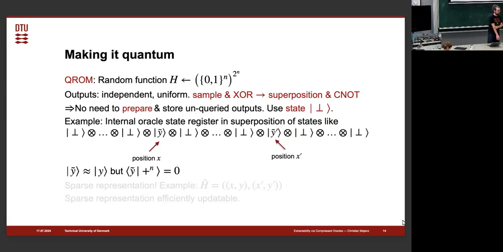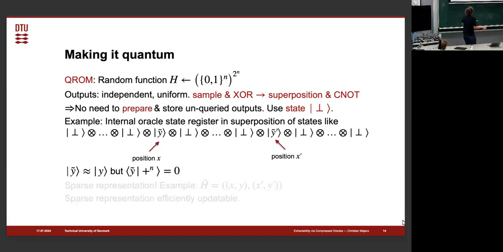So how should I intuitively interpret this internal state? Because it doesn't just say I recomputed H of X and I'm storing the result, right? In some sense, that's exactly what you do. If some query were made on 0, corresponding to this very first register here, then this bottom thing would be replaced by the uniform superposition, which is equivalent to sampling the corresponding output.